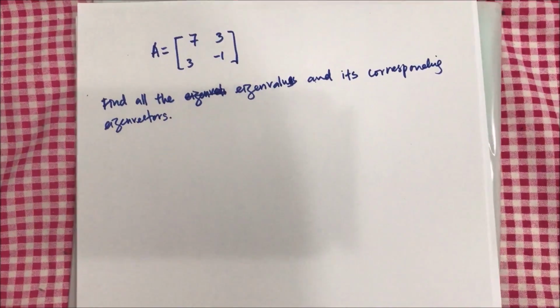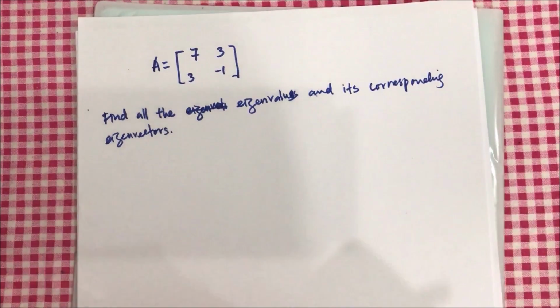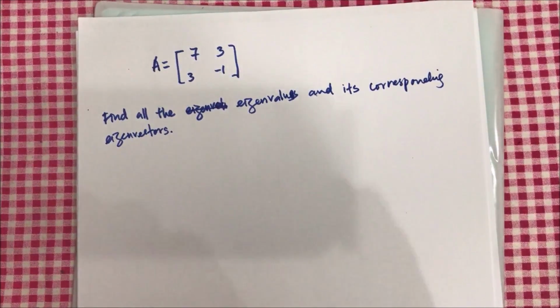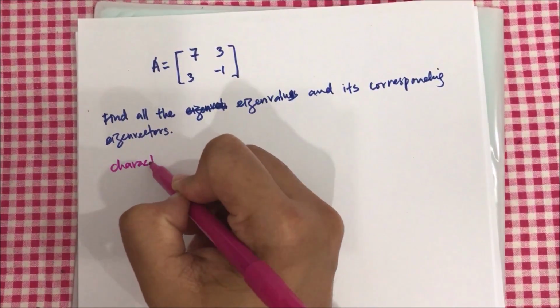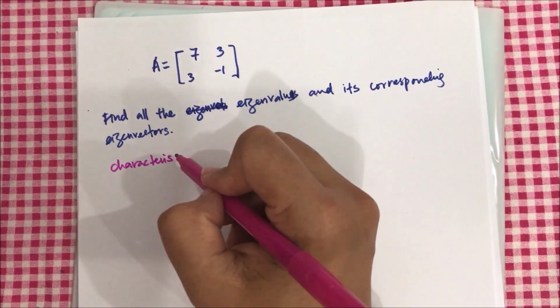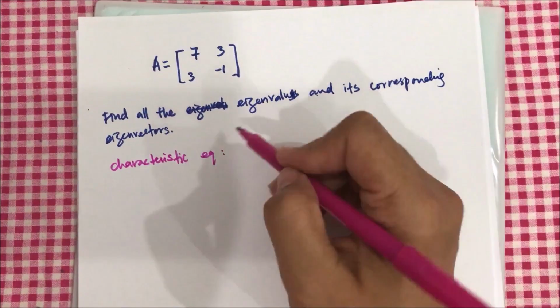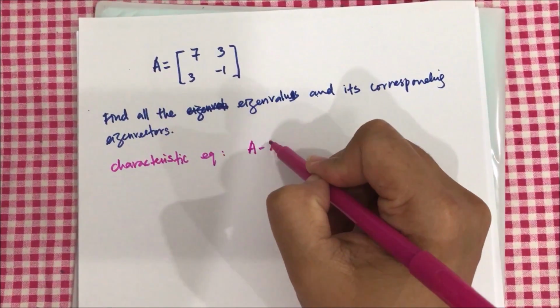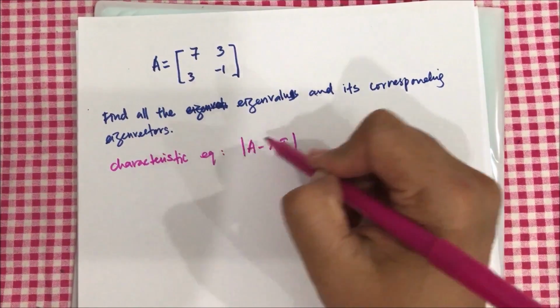So we have matrix A, and step 1 is to find the characteristic equation. Remember just now, the characteristic equation means A minus lambda times the identity matrix equals 0.